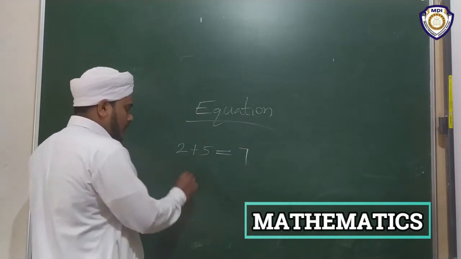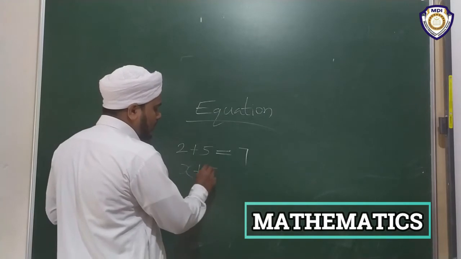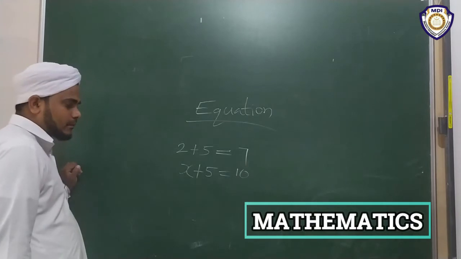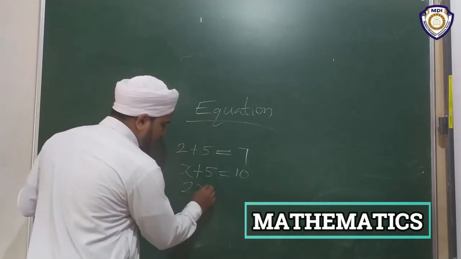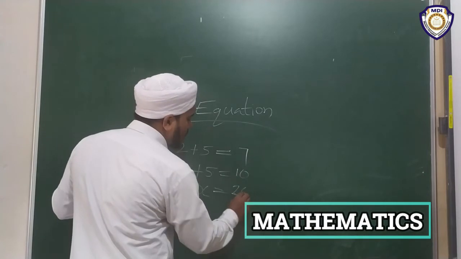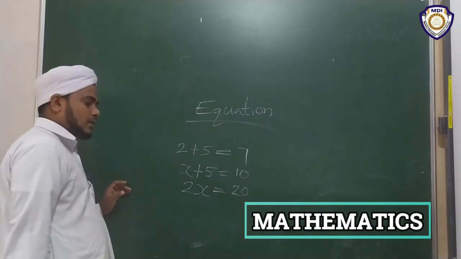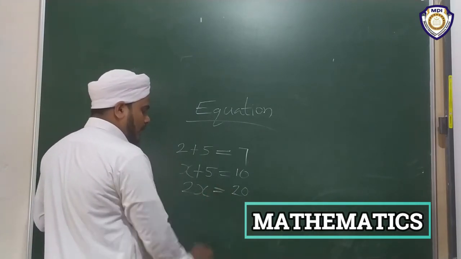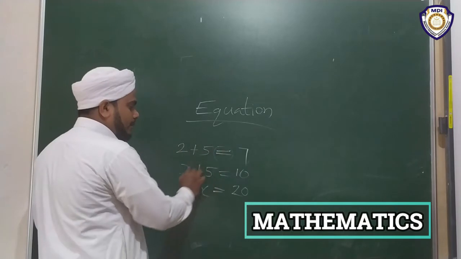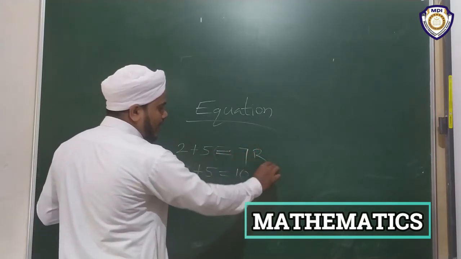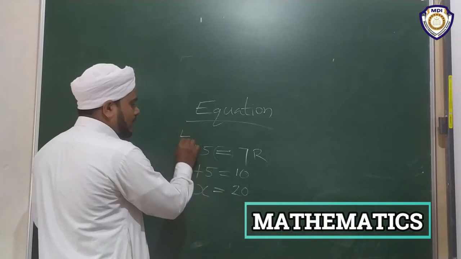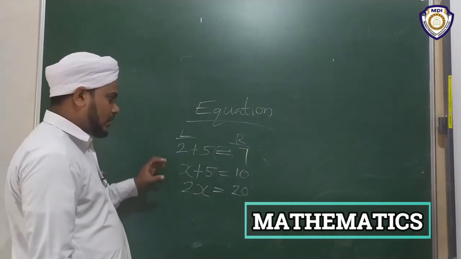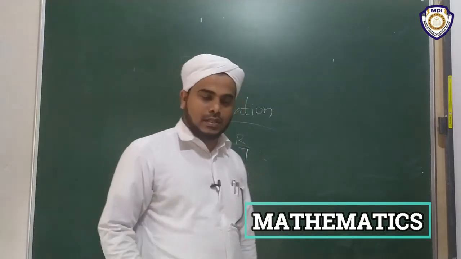Then it is an equation. X plus 5 equals 10 is another equation. 2x is equal to 20 is another equation. It is very simple to understand: an equal sign, a right side and a left side. Then it is an equation.